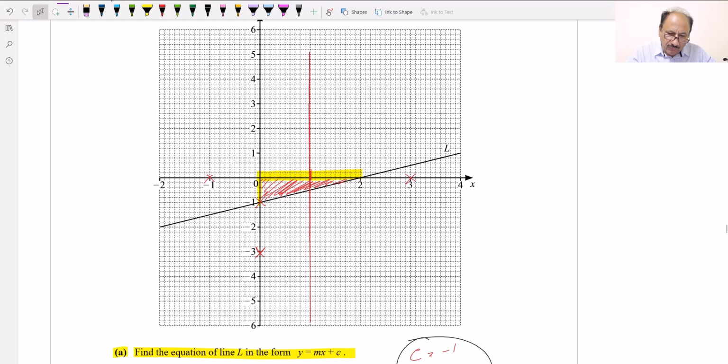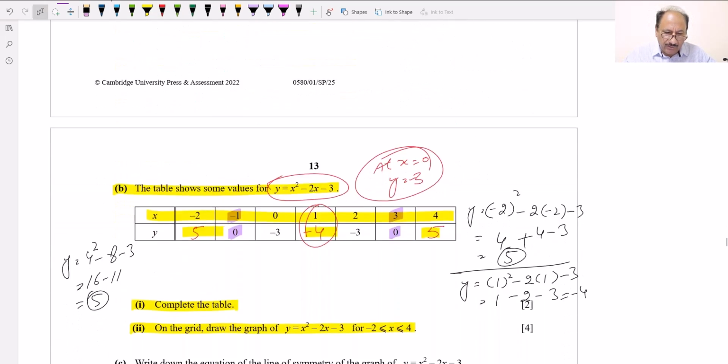So -4 will be this point, and by symmetry we can take this point as well. Now we just have to draw the quadratic graph, a U-shaped graph opening upward. We can draw the graph like this, and from this side also like this. So this is our graph which we have plotted.